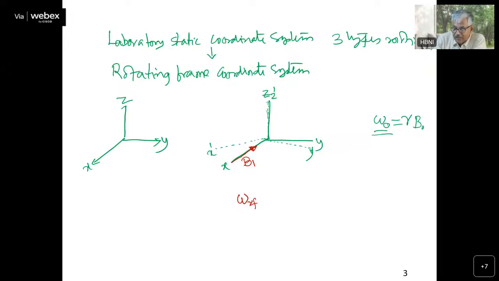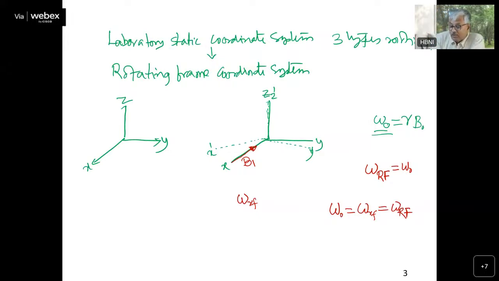This small RF is called the radio frequency. So the rotating frame frequency omega RF is equal to omega 0. When there is a resonance condition, omega 0 is equal to omega RF. Clear?